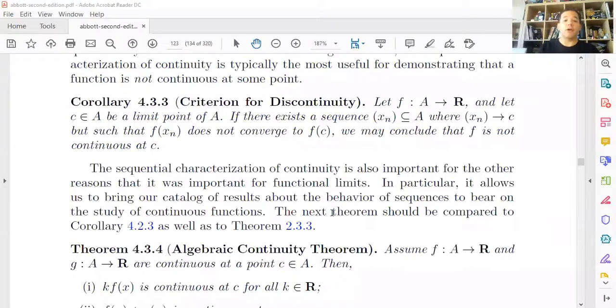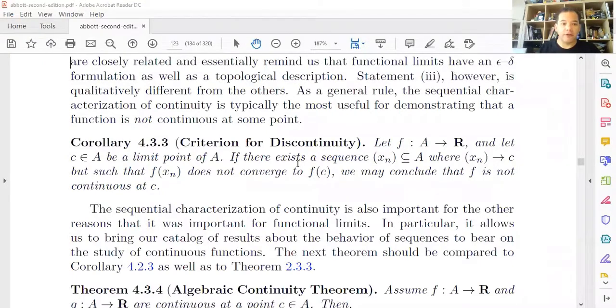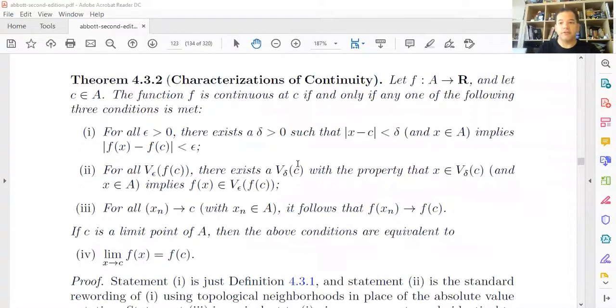Okay, so let's recall what we were doing. We were talking about continuity, and specifically we went over this theorem right here, which is how we can characterize continuity.